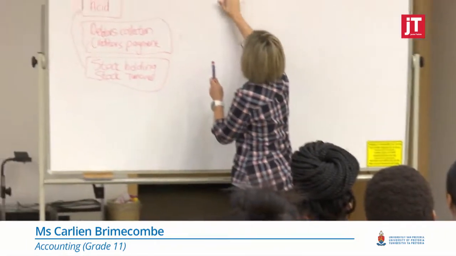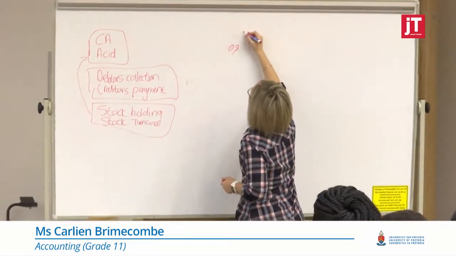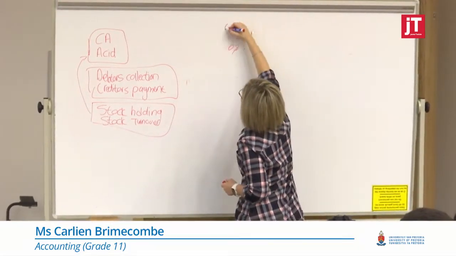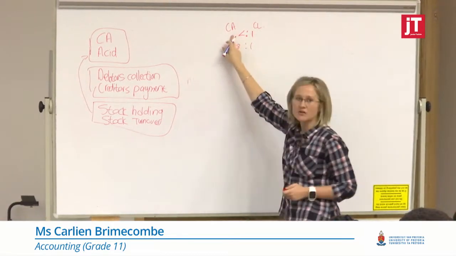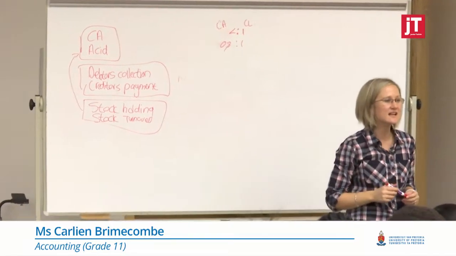So we're not in trouble. It doesn't mean once this one becomes less, this is your current assets, current liabilities. Once your current assets is less than your current liabilities, then you are in trouble.